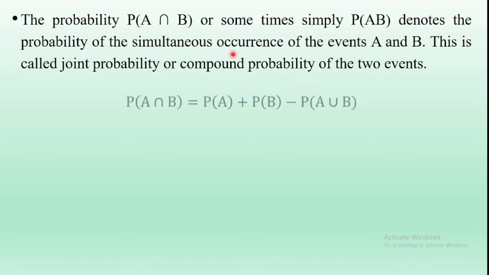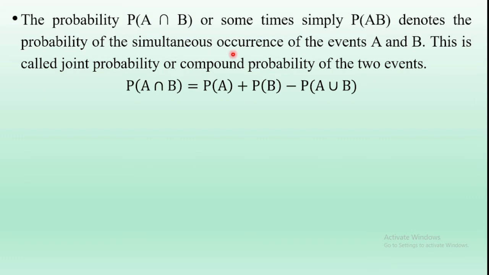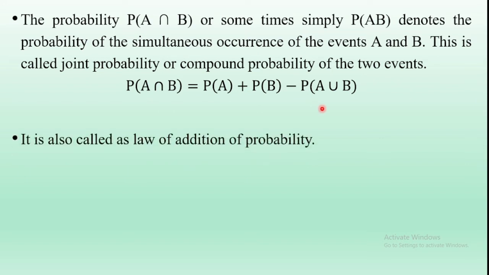Mathematically, it is given by probability of A intersection B equals probability of A plus probability of B minus probability of A union B. It is also called the law of addition of probability or addition theorem.